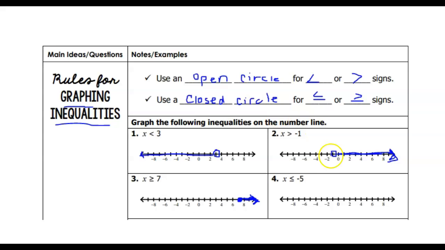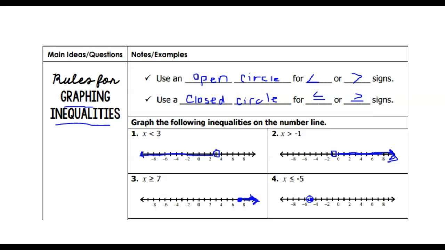Let's look up here. It is a less than or equal to sign. Less than or equal to, what do I use? Yeah, a closed circle. Thank you. Thank you, Xavier and Tia. Awesome. So this is closed.